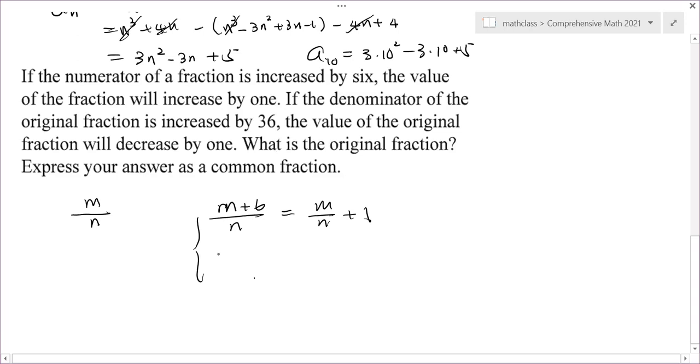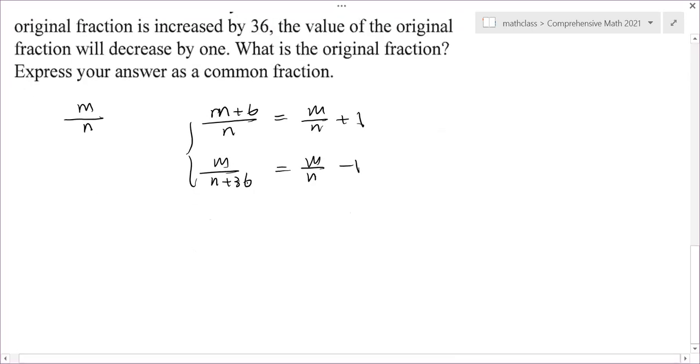Then the denominator of the original fraction is increased by 36, then the value will decrease by 1. So you got two equations. The problem is how do you solve them? What is a simple way to do it?